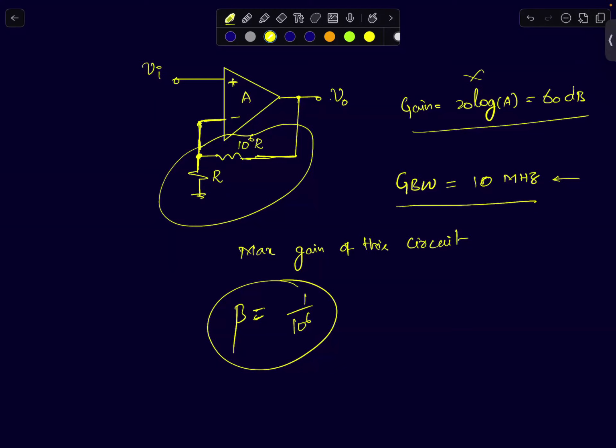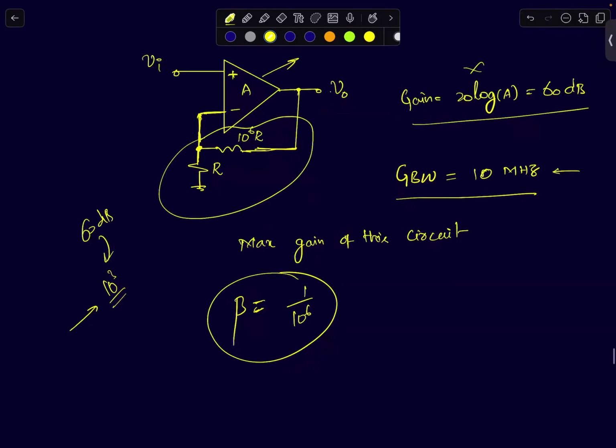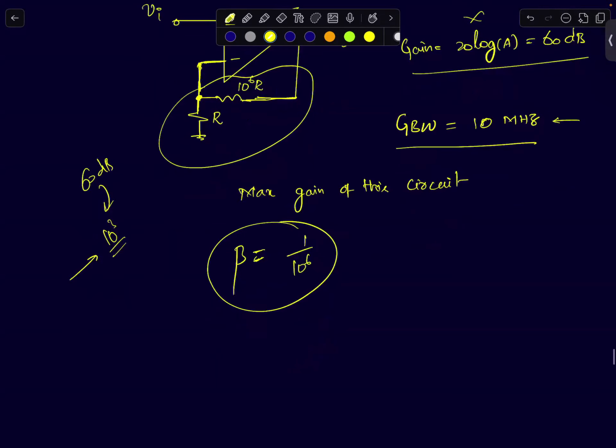It's given that the op-amp's DC gain is 60 decibels. 60 decibels means in volts per volt unit, it is 10 power 3. The gain is 1000. If the DC gain is 1000, you can quickly estimate what will be the closed loop gain. It's a non-inverting configuration, so you can see that it will be A by 1 plus A beta.